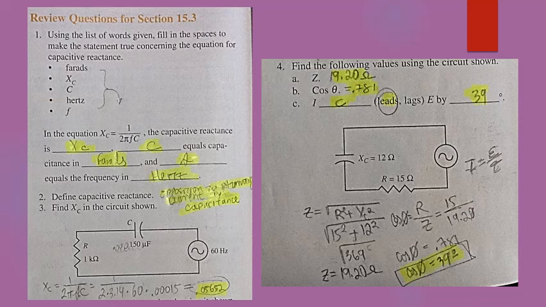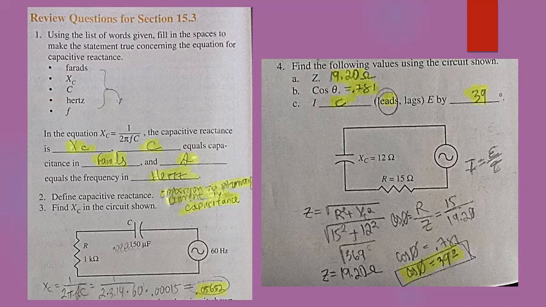Section B is to find the cosine theta, which is gathered by dividing your resistance, in this case 15, by 19.20, and we get cosine theta of 0.781.